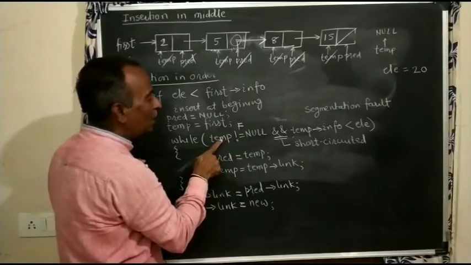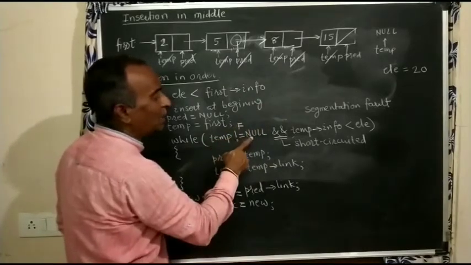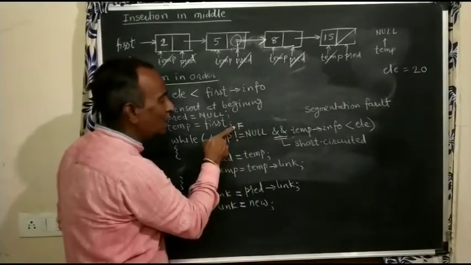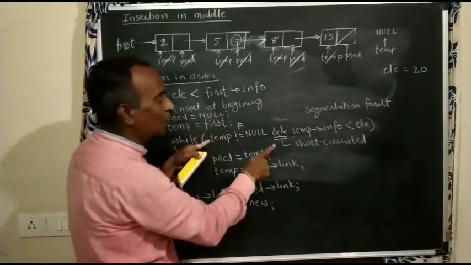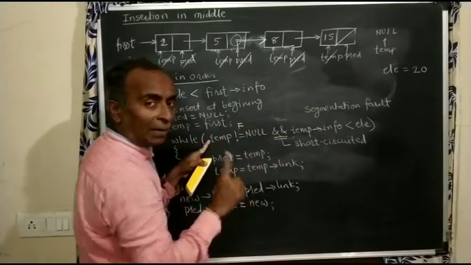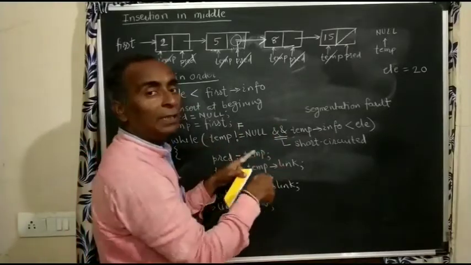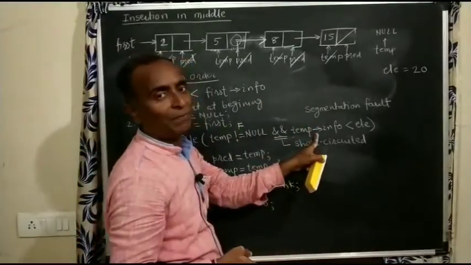Now what will happen if temp is equal to null? This means this is false. When the first expression is false in short circuited AND, then it won't evaluate the second expression.